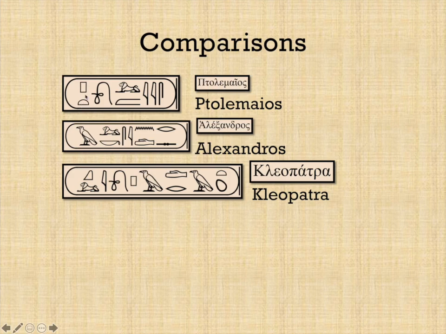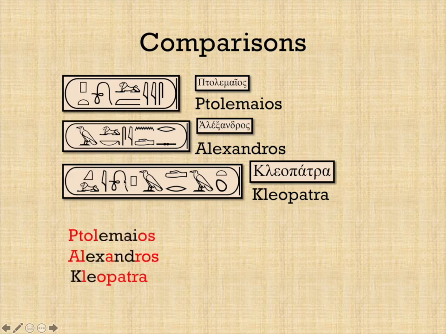Now, since Ptolemaios and Cleopatra have similar letters, we could see, for example, if we believe this is P, Ptolemaios, then there should be somewhere near the center of the name Cleopatra this same symbol. If we go down to Cleopatra's name, we find right in the middle this symbol.